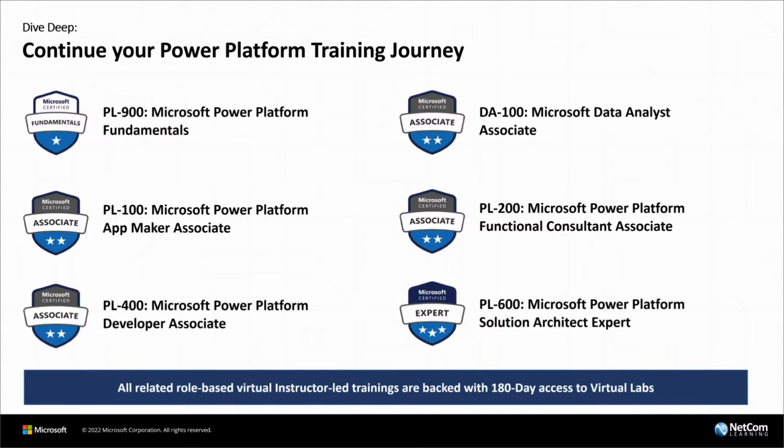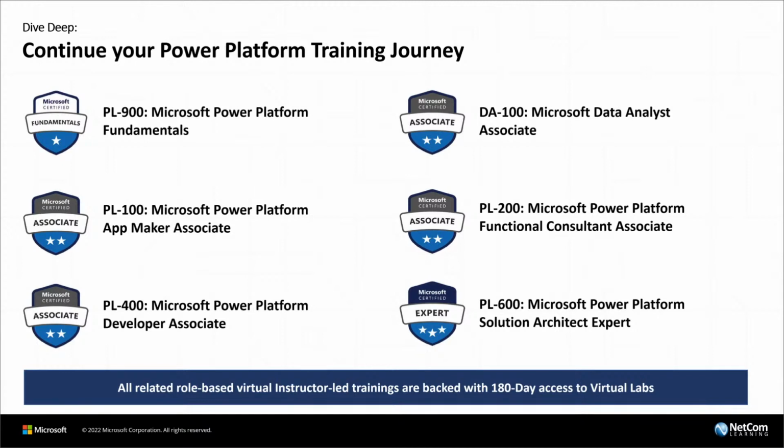PL 100 is Power Platform App Maker. PL 400 is the developer level one. So you're going to be doing more advanced applications from both a Canvas and model-driven application point of view. DA 100 is the data analysis class, and it's very good for doing Power BI and doing things like reports and dashboards and KPI settings and that sort of thing.